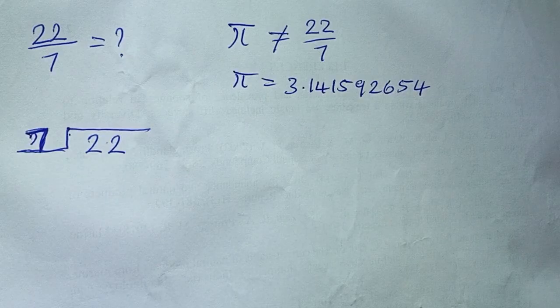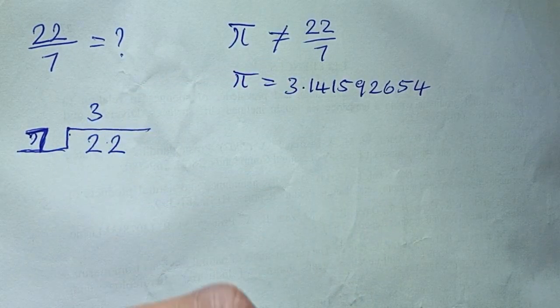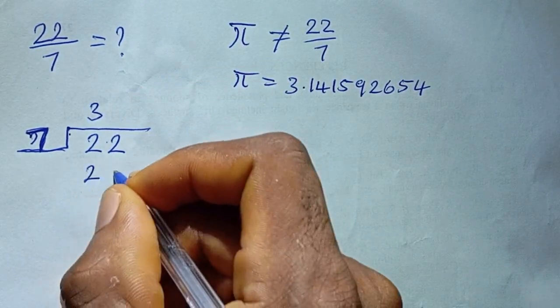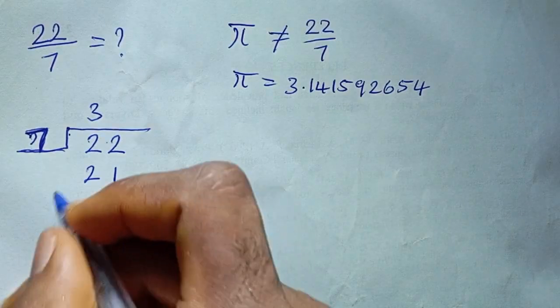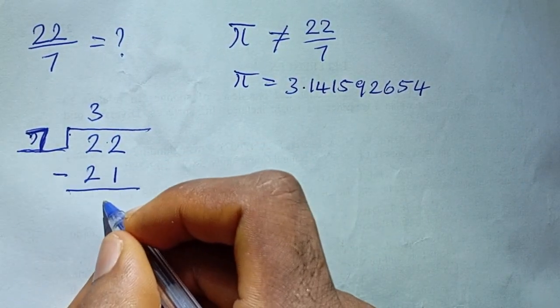We take 21. 21 divided by 7 is 3. You write 3 here. So 3 times 7, we have 21. Then we subtract. 22 minus 21 is 1.